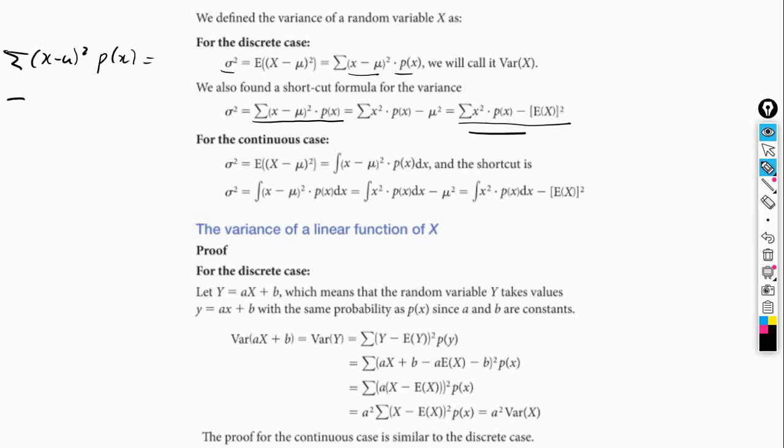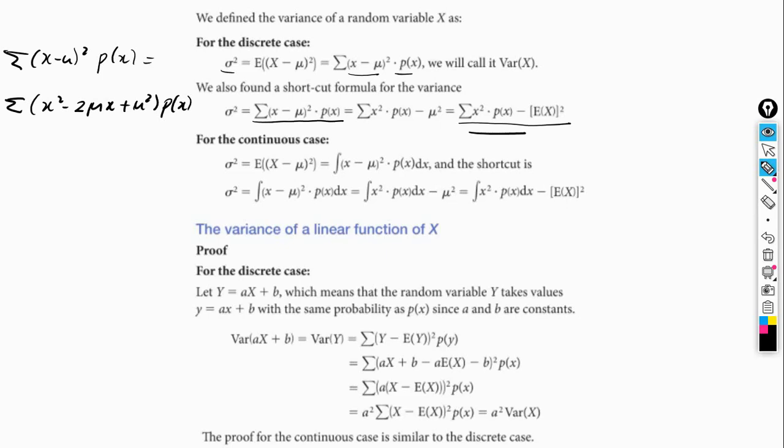So this would be the sum of x squared minus 2 mu x plus mu squared times the probability. And then we can just distribute this and separate the sums.